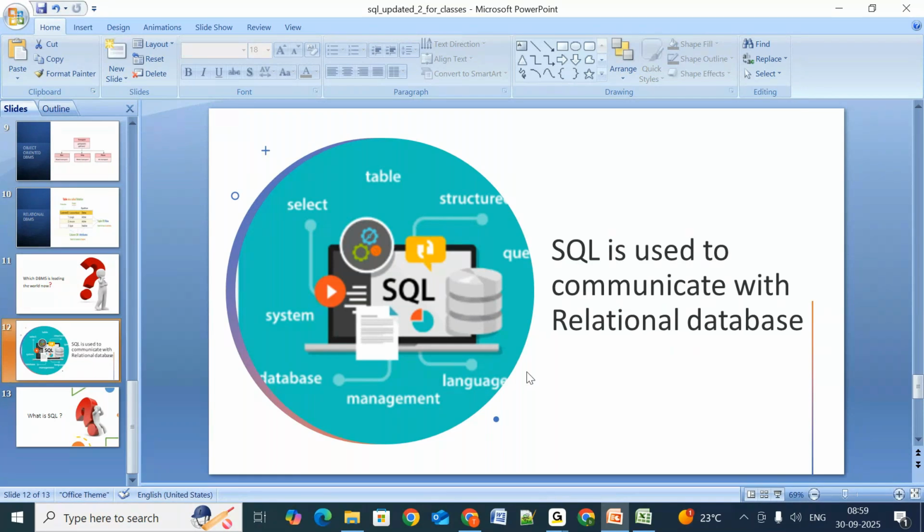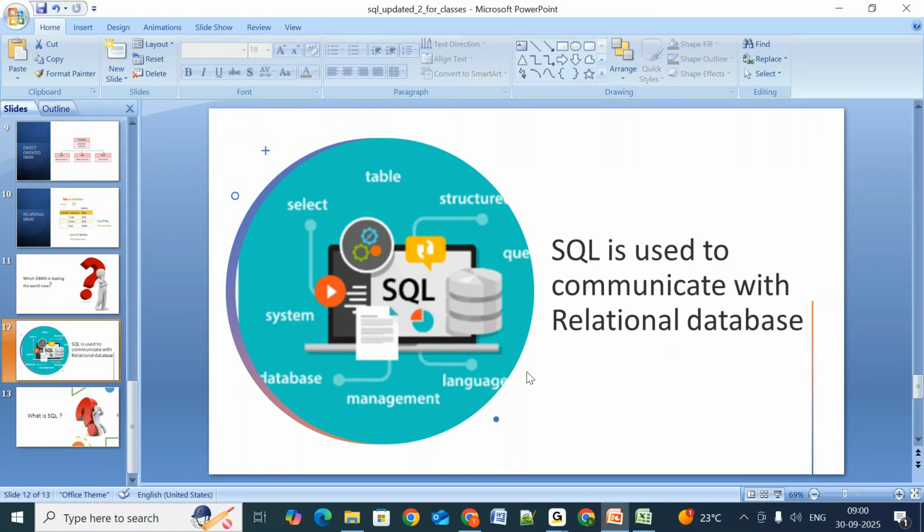So what kind of database does it help to talk to? To the relational database only. If you take SQL and try to talk with Excel, it will hit you hard with errors. If you take SQL and talk with your parents, or your colleagues, your colleagues may understand the language, right? If you take SQL and talk using any Word document or your textbooks, people will feel that we got something.